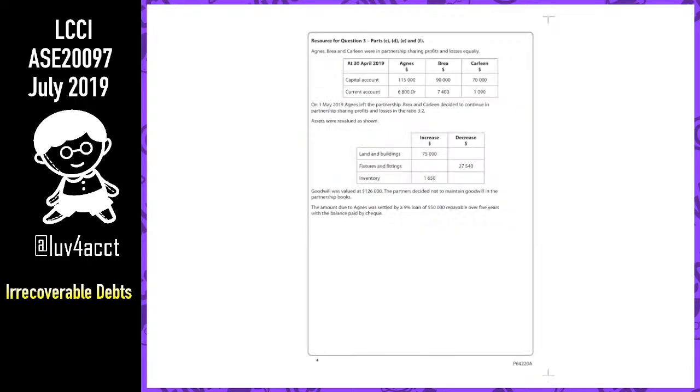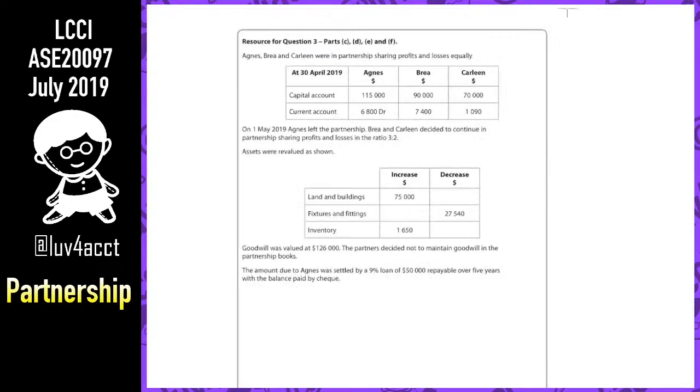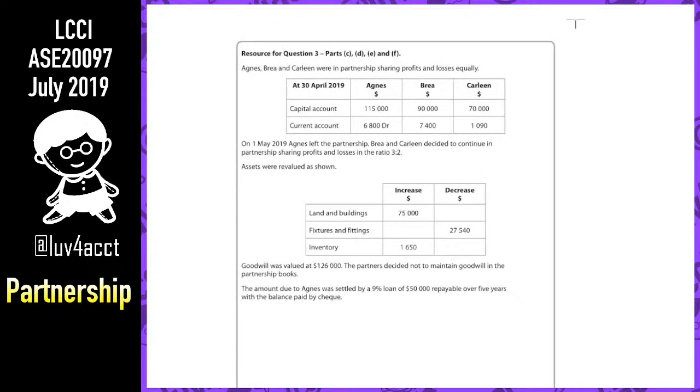Let us move on to question 3. Question 3, partnership. So let's see. We have 3 partners sharing profit and losses equally. Given to you is the closing balance of the capital and current account of the 3 partners, and Agnes' current account balance is negative. On the 1st of May, Agnes left.